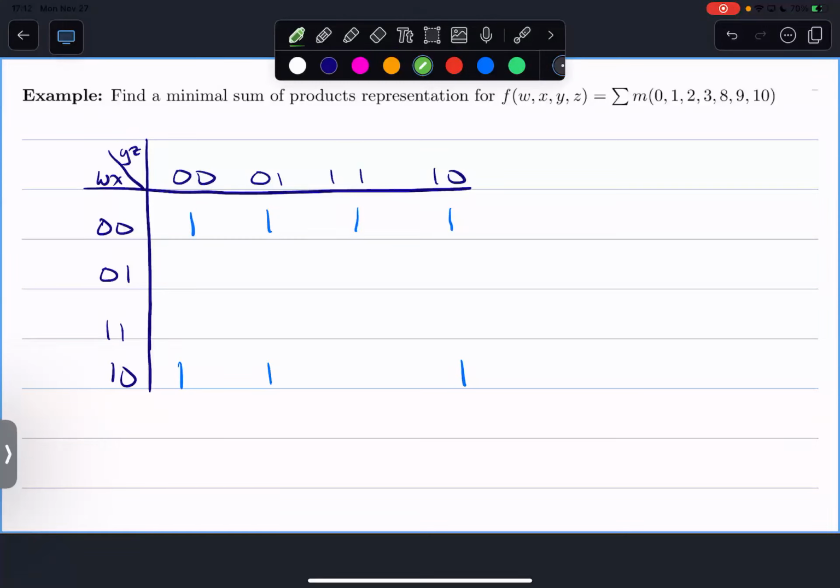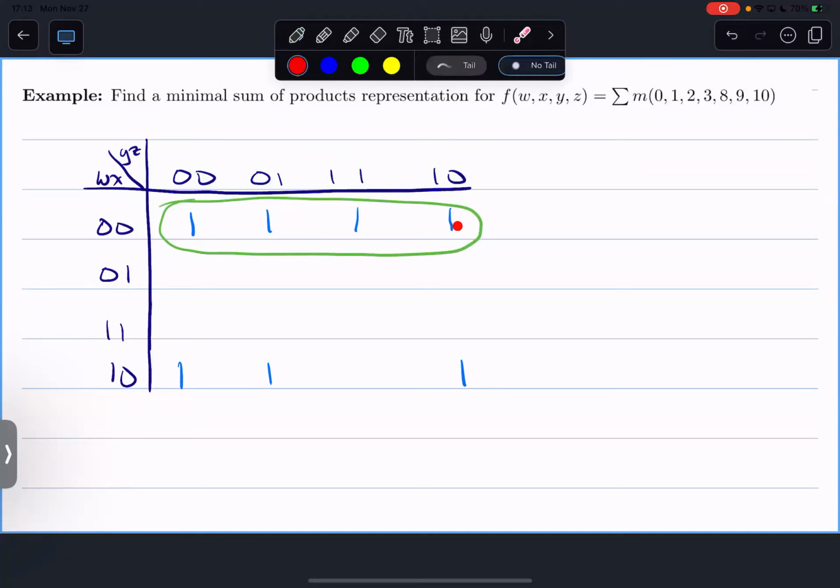The first one that I see is this group of 4. What you would want to do is check to see if you could link it with another group of 4 down here, right? Because then you could make a group of 8, but we can't, right? So we're off the hook.